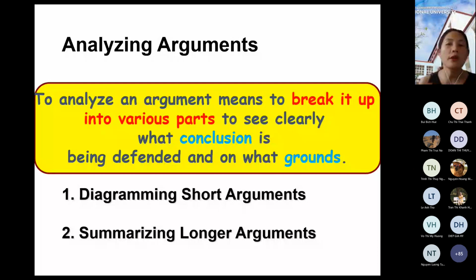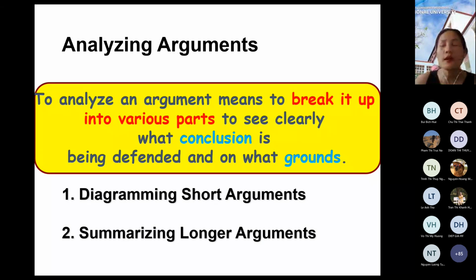So when we say we break the arguments into various parts, it means we break it into premises and conclusion. We want to see clearly what the conclusion is for that argument and how it is being supported or defended by the evidence, or on what grounds. So the conclusion and the evidence are to be identified and analyzed.